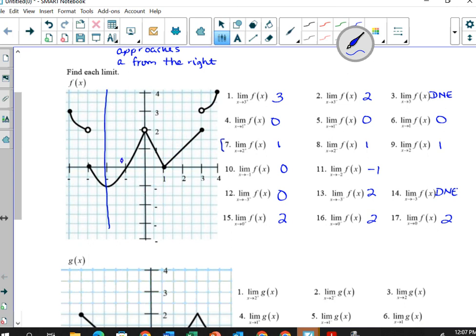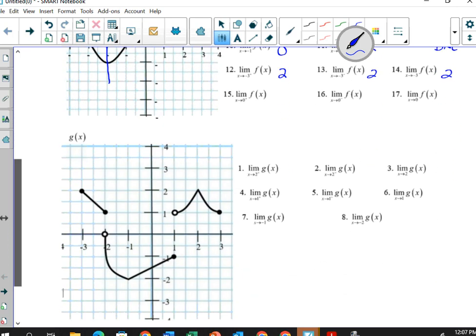So this guy, what is he approaching? -1. Yeah, y is -1. And then what is this guy approaching? Your guy's walking or sliding down the line. Yes, the graph. Okay.